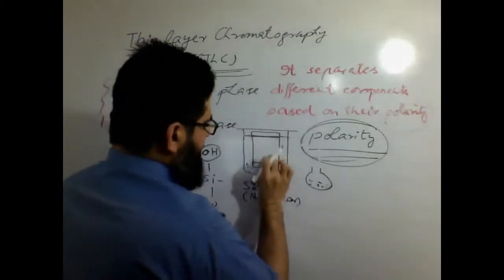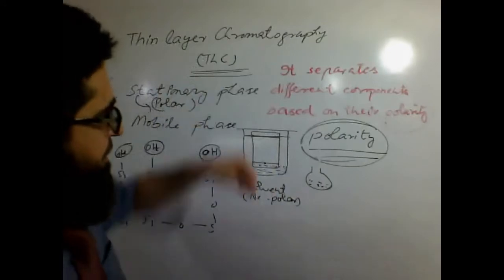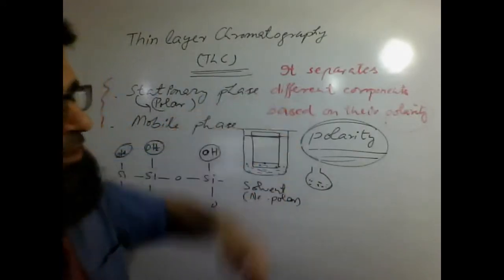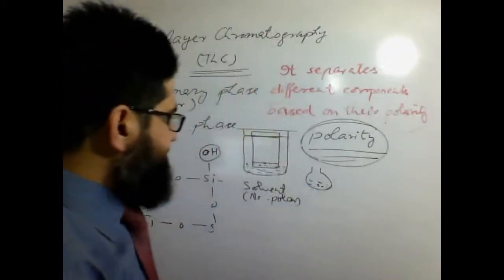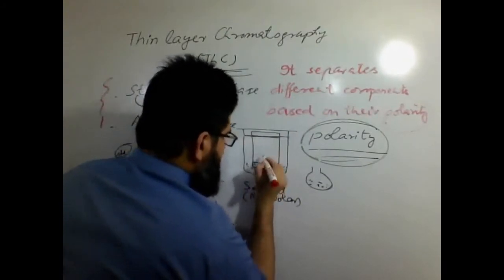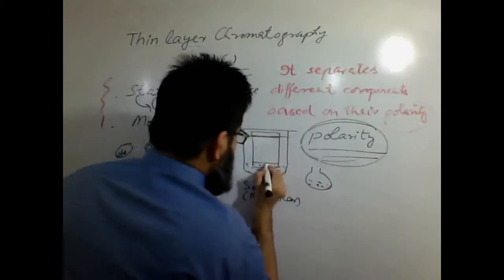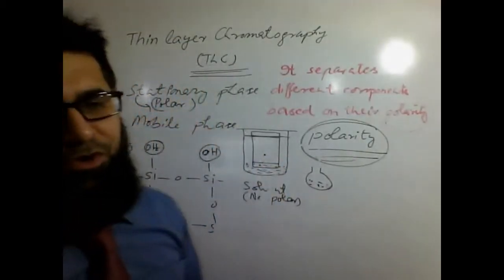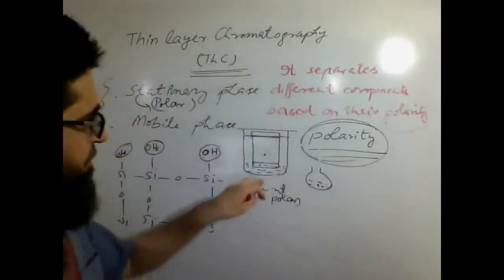Once the solvent has moved to this surface, we need to take this thin layer chromatography sheet out and let it dry. Sometimes these molecules, when they move up, appear in the form of colors. Let's say it has moved from here to here and a single spot is visible. Then what can we deduce from it?